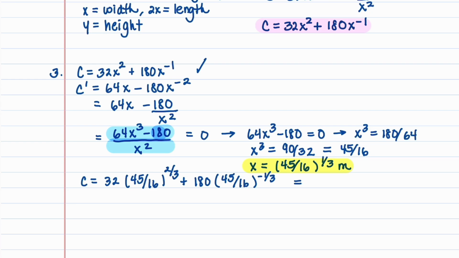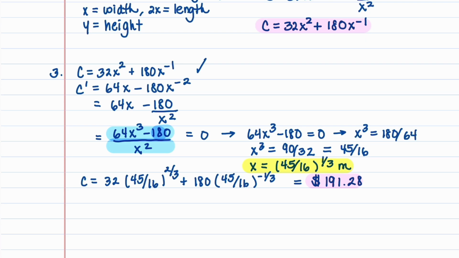Now you get to throw that in your calculator, and when you do, you get a value. I'm going to put a dollar sign here because it's cost. We have $191.28. And let's go ahead and highlight that.